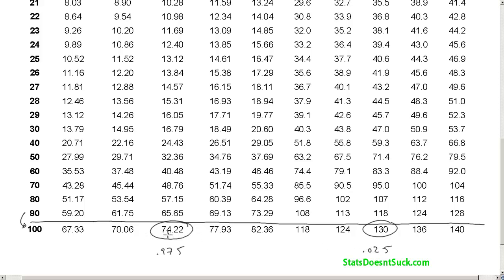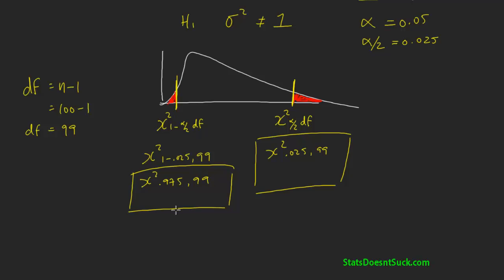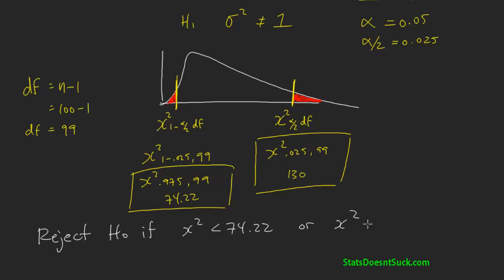So I have 74.22 and 130. So this is 74.22 and this is 130. So in other words, I'm going to say that we should reject the null hypothesis if chi-squared is less than 74.22 or if chi-squared is greater than 130.